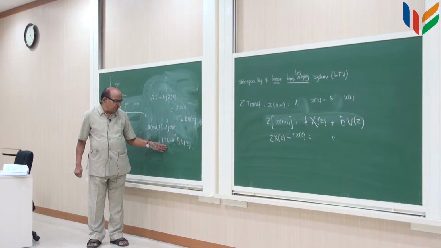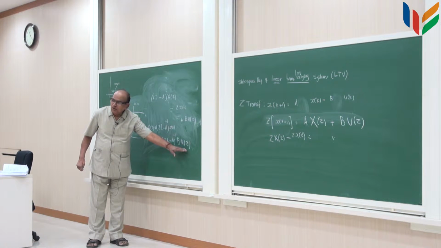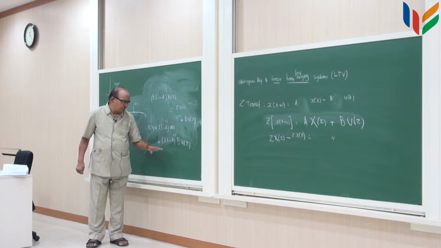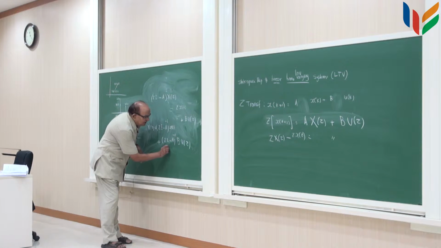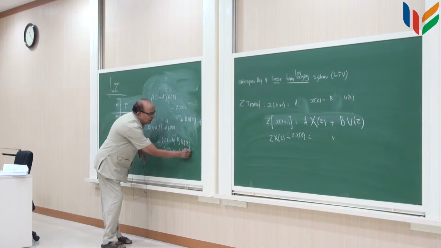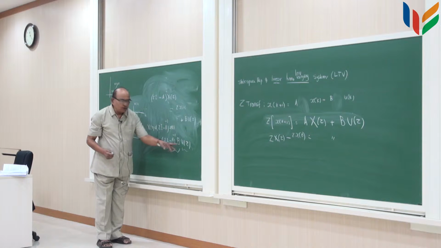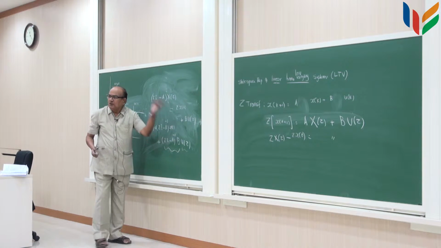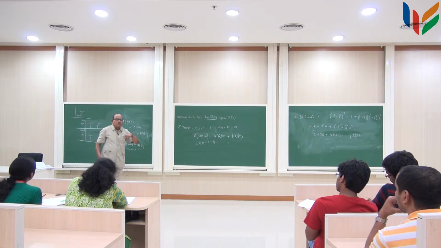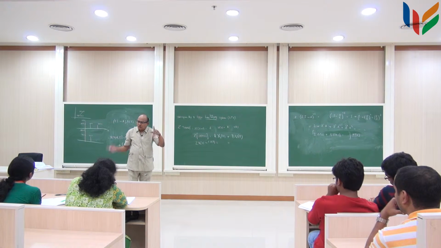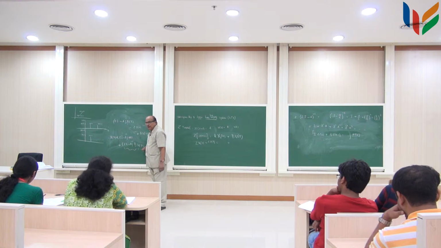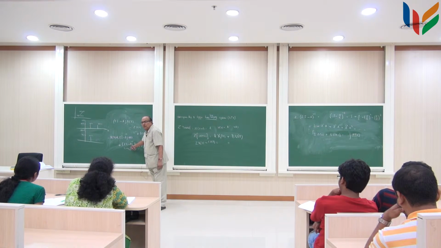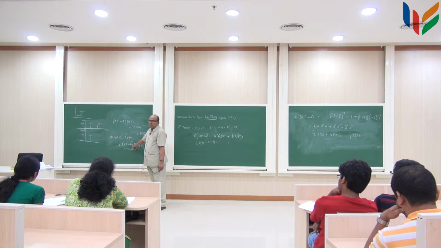and this is nothing but the convolution of the input. This is the Z function multiplied by another Z function. The product of two Z functions in the sample domain is equal to convolution of these two. So, the convolution of this, which is UK, with the inverse function of this.